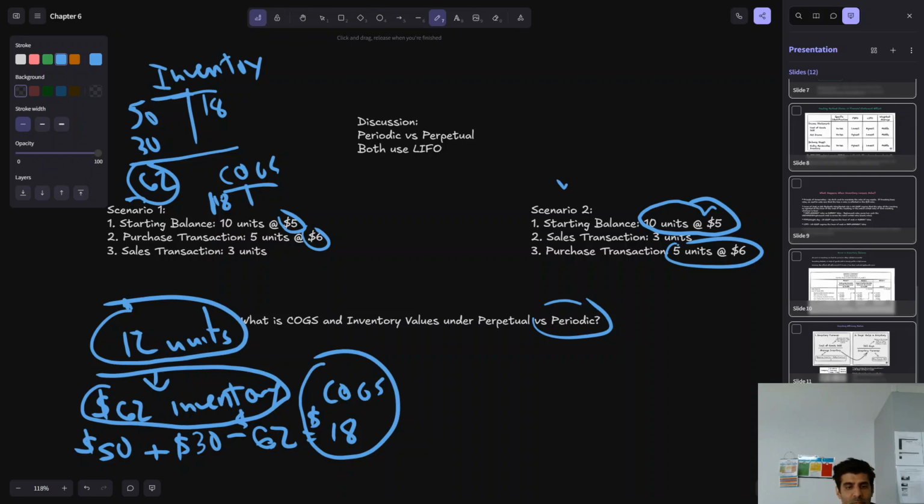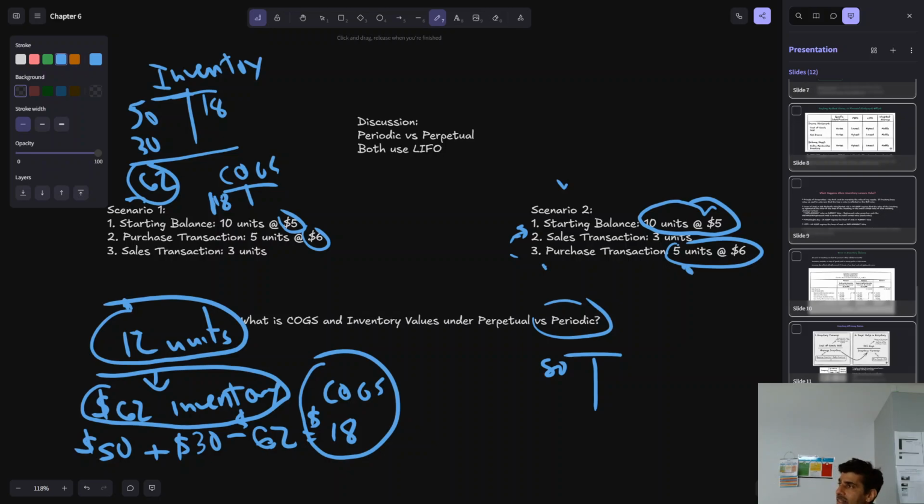Now the problem though is that in perpetual we are doing a real time kind of thing, right? So at the time of the sale, we have not yet even purchased these new items, right? So in the perpetual, we start off with 50 in inventory. This sales transaction, these 3 units, we cannot account for this because it hasn't happened yet.